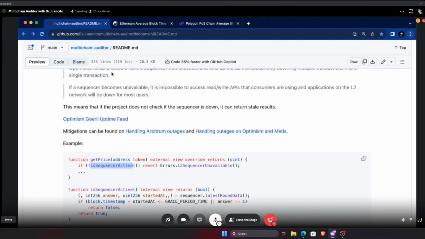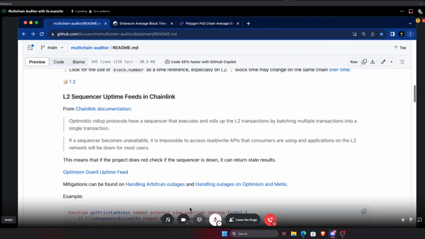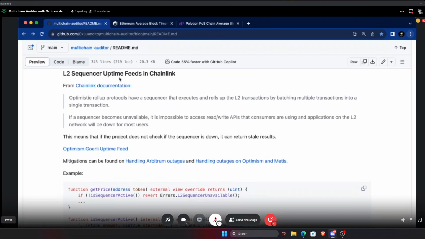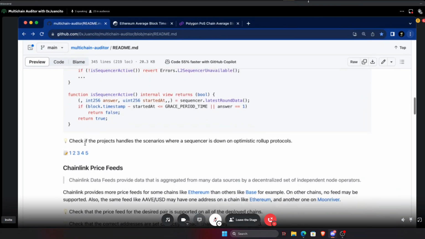So it can impact in many ways, but what you should check is that the sequencer is active. And if you go to the documentation on Chainlink, it specifies how you do that. It's basically checking that the sequencer is up, and the timestamp it provides is between the grace period you are expecting. So we'll talk about some other things with Chainlink later, but this is an important one that you should check, and I have seen that it has been rewarding on many protocols.